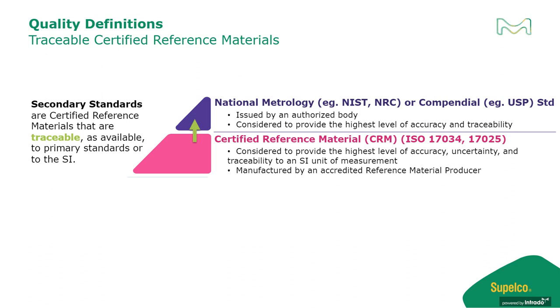So when I say traceable, I mean that the secondary standard has been directly compared against the primary compendial standard. So essentially, you could say that a secondary standard is just 1 degree removed from a primary standard, hence the name secondary.